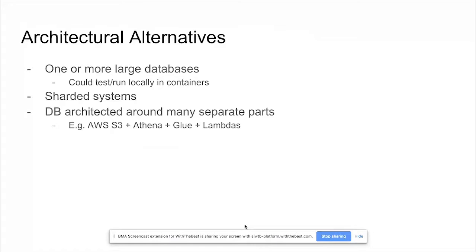So for instance, you could upload a bunch of CSV files, JSON files, Parquet files to S3, run SQL queries directly against those with a tool like Athena, run batch processing jobs to convert those back and forth with the product in AWS called Glue, and then maybe do some stored procedure style work with Lambdas.